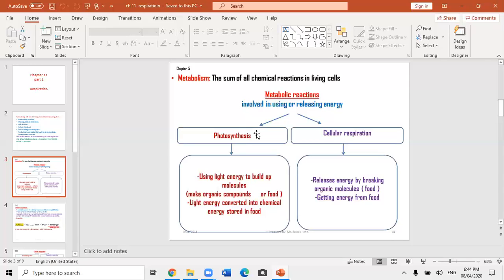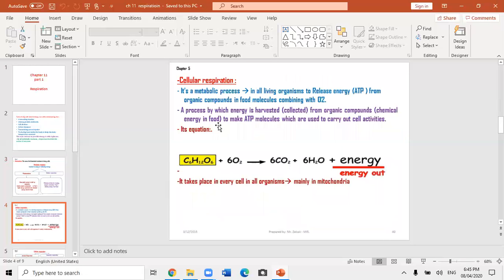This slide is only to show the difference between photosynthesis and cellular respiration, to understand and remember the difference between these two.